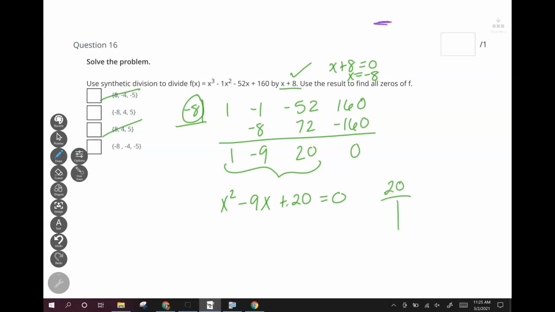Maybe you want to list out your factors of 20. Which ones would add to negative 9? Remember, they have to multiply to positive 20, so they have to have the same sign. So negative 4 and negative 5. So I have x minus 4, x minus 5. Set each factor equal to 0, and you get x equals 4 and x equals 5. So negative 8, 4, and 5.